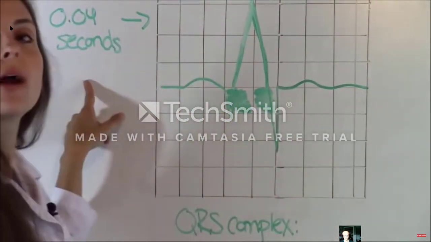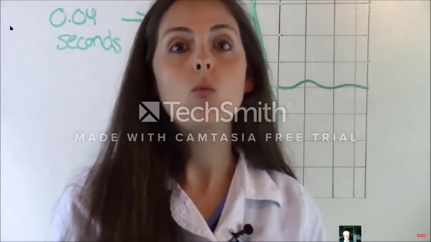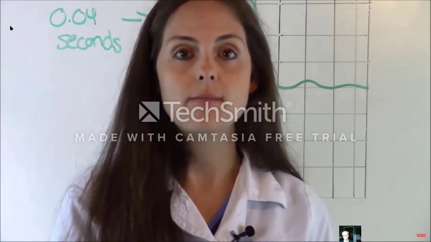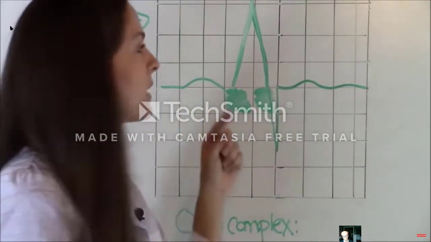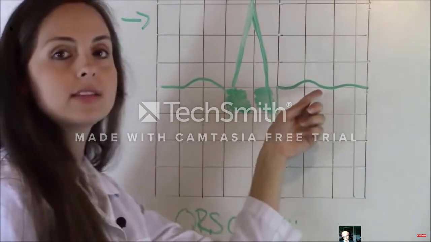Each small square represents 0.04 seconds. And for a QRS complex, remember, you need 1.5 to 3 of those in order to equal the right measurement. So let's look at our EKG strip. We have the P wave, the QRS complex, and the T wave, and sometimes a person has a U wave.